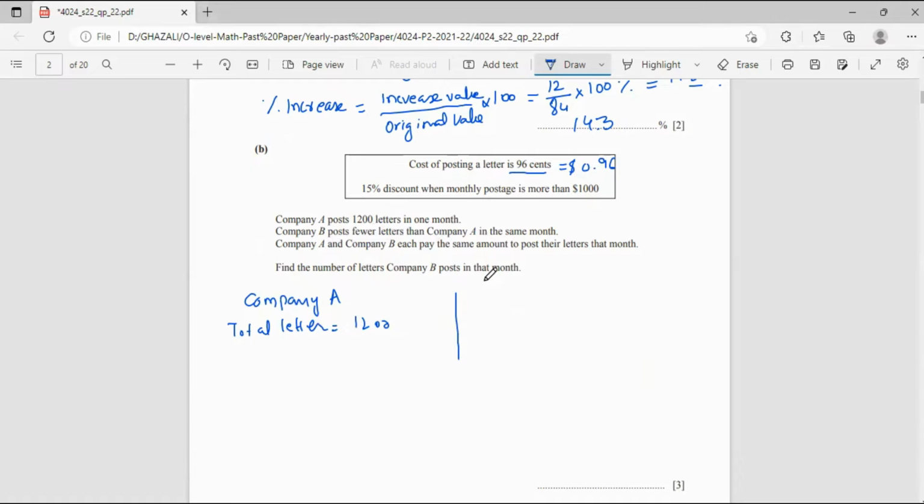In company B, we suppose the number of letters is equal to n.